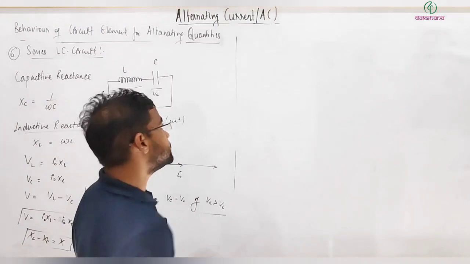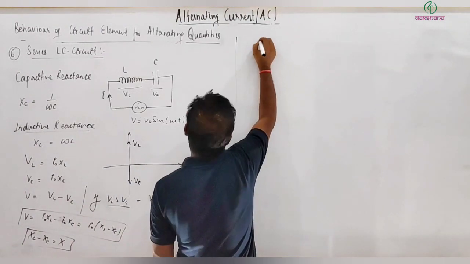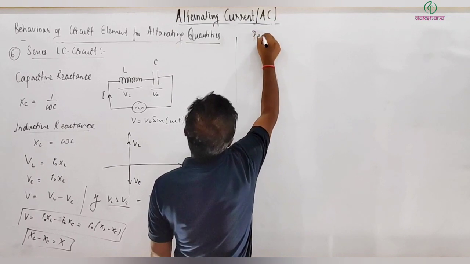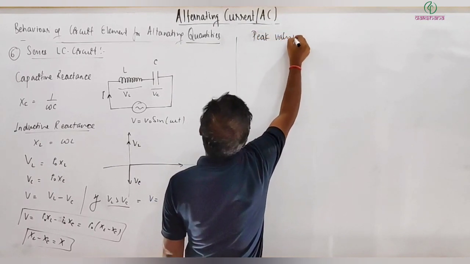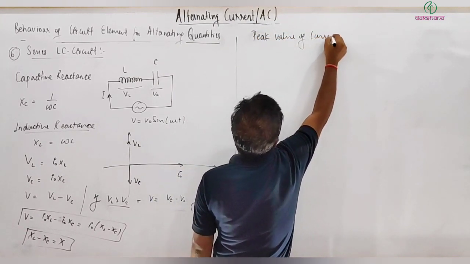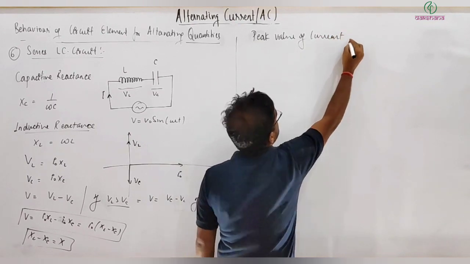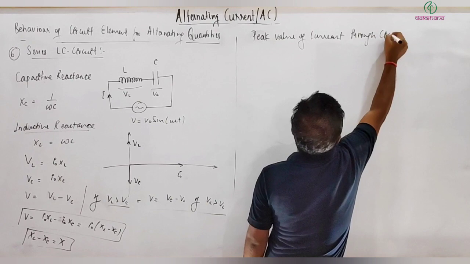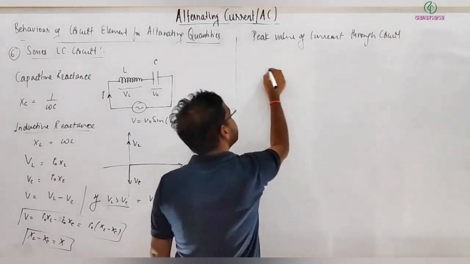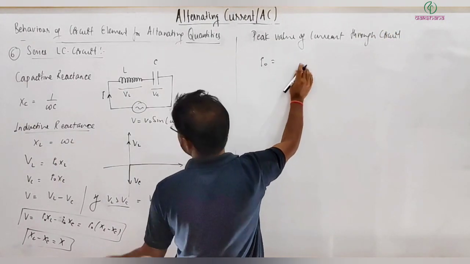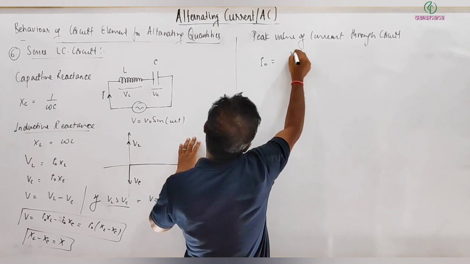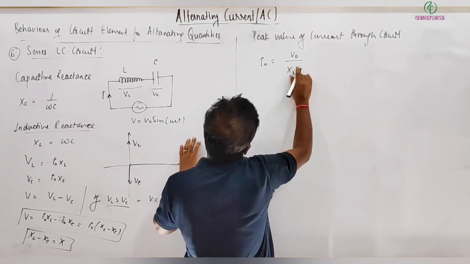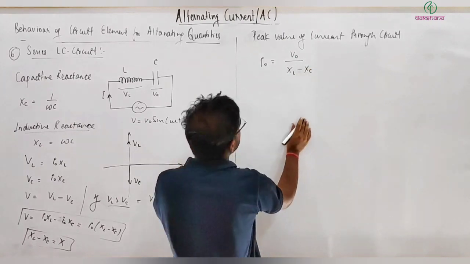What will be the current in this situation? So the peak value of current through the circuit can be written as I naught is equal to V naught divided by XL minus XC, right?